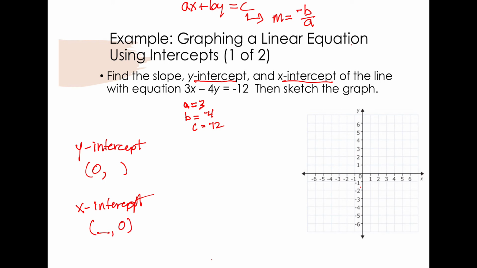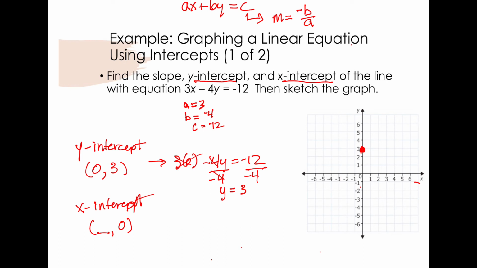So let's go for the y-intercept first. That will give me 3 times 0 for x minus 4y equaling negative 12. So that becomes 0. So we're left with negative 4y equals negative 12. Divide both sides by negative 4 to get the y by itself, or 1y. This equals 3. So (0, 3) is my y-intercept.